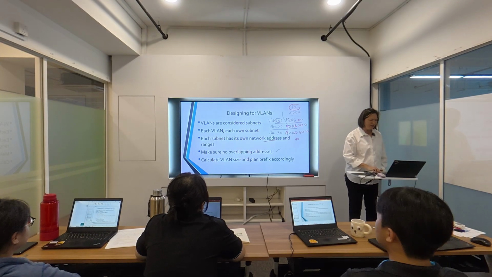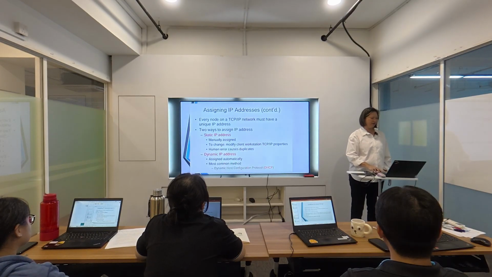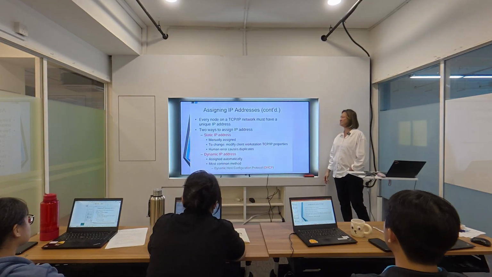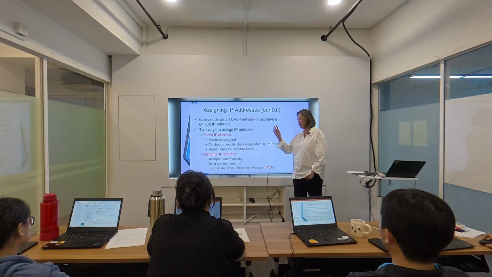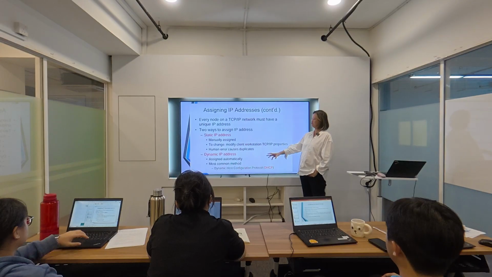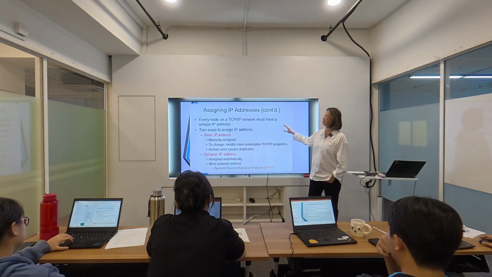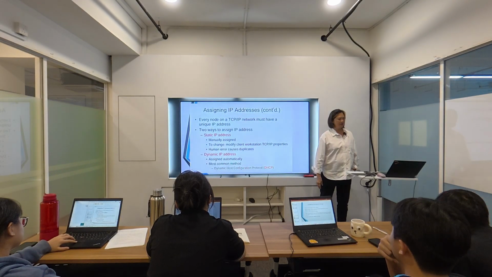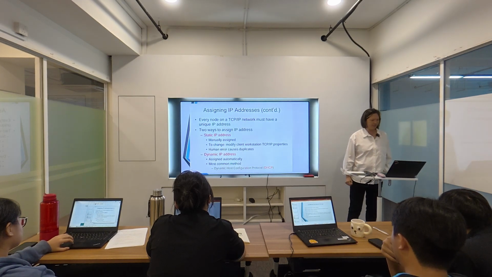Okay. So once we have designed and chosen our network addresses, designed the ranges, and designed every node to have its own IP, the router, which range of IP they have, switches, and so on, then we can assign IP addresses. Now, there are 2 ways to assign an IP address.